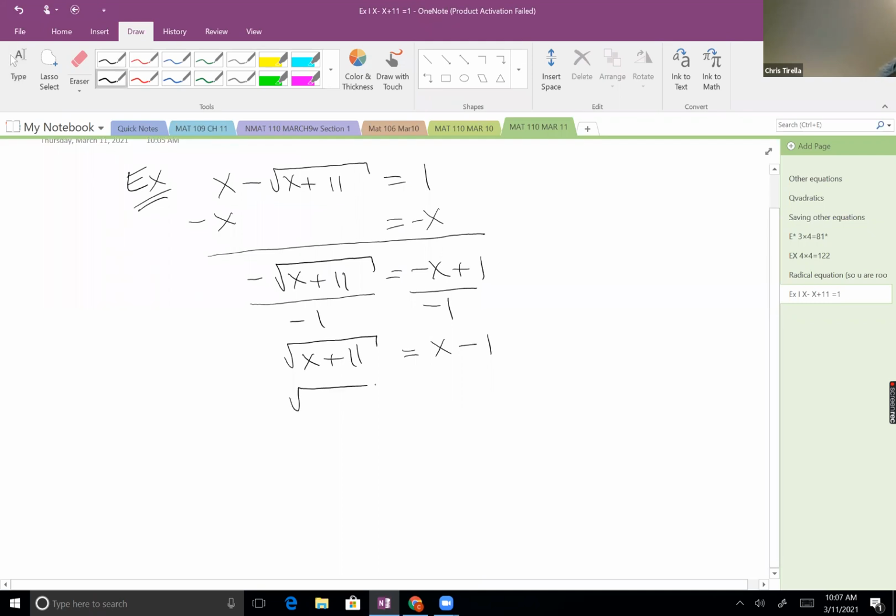And so now we're going to go through and square both sides. This one's a little bit more involved than the last one. On the left-hand side, because we're squaring the radical, we just take its head off, and we're left with the x plus 11. But over here, we're squaring a binomial.